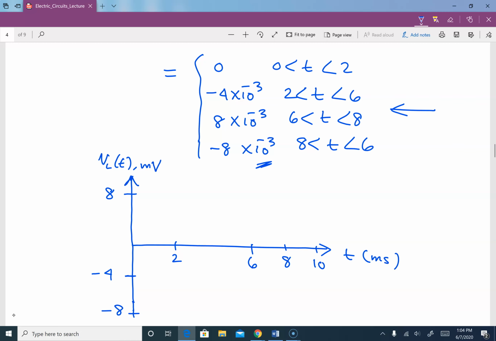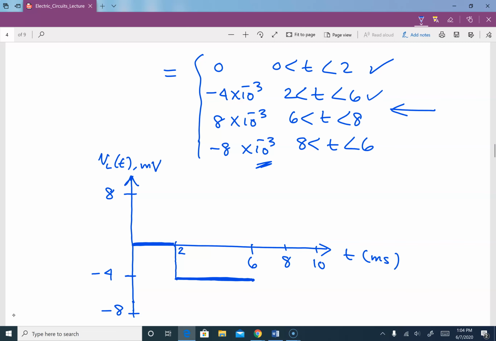So from 0 to 2, we have that to be 0, which is this. Then from 2 to 6, I have negative 4. That is negative 4. So we bring this one here. This is 2.